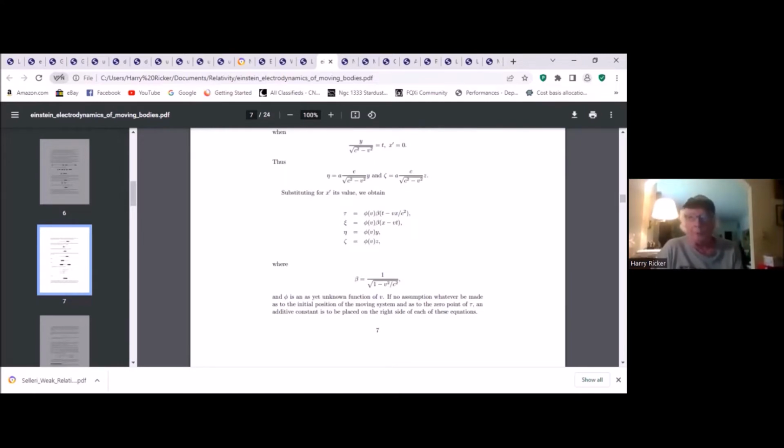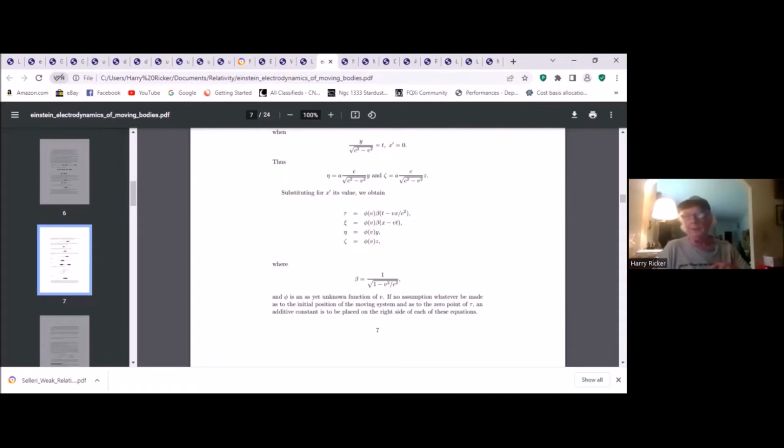Now you've also opened the door to inventing all these different kinds of transformations. The Selleri transformation is kind of a nice one because people like that it gets rid of the Vx over c squared term. Stephen Gift makes a big point out of that.